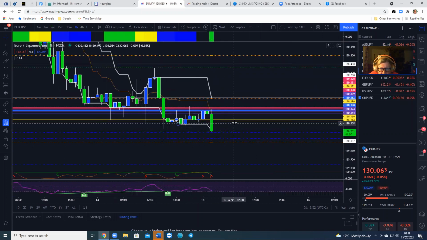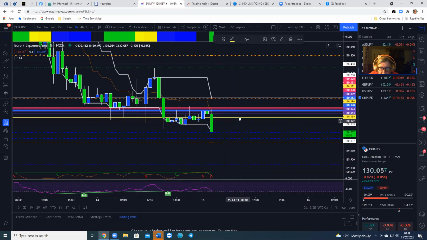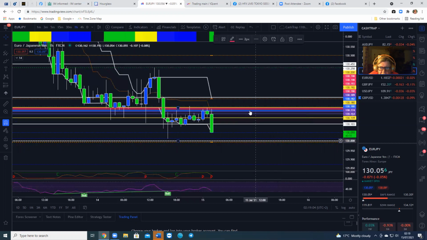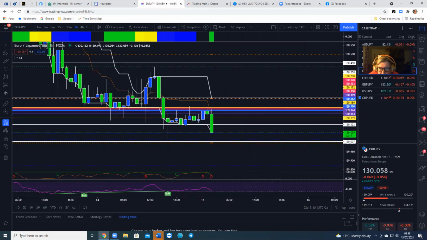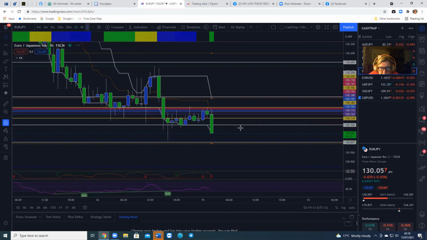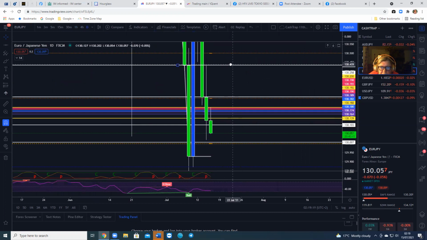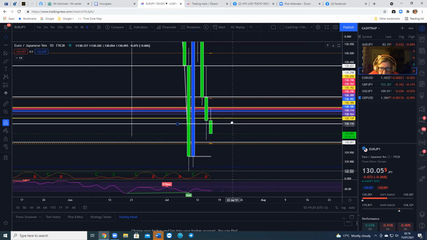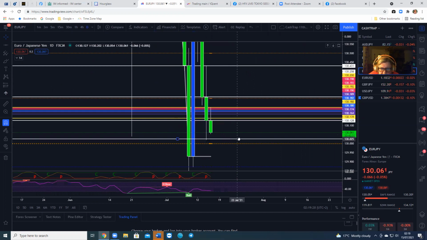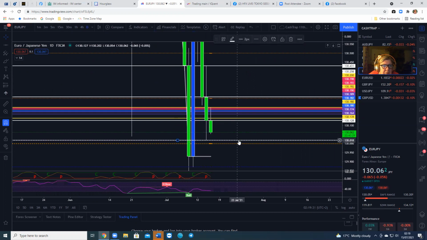This is the hourly, so I need to move some of my lines. Mark the high and the low, the open and the close. Let's go back to the hourly.